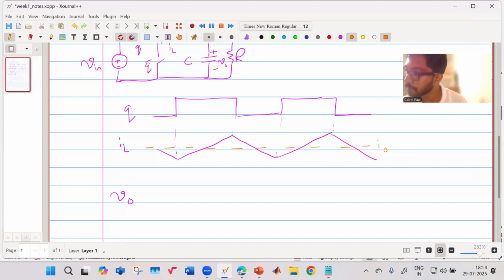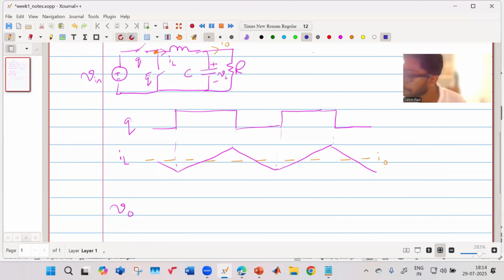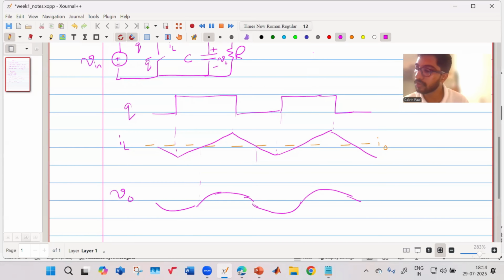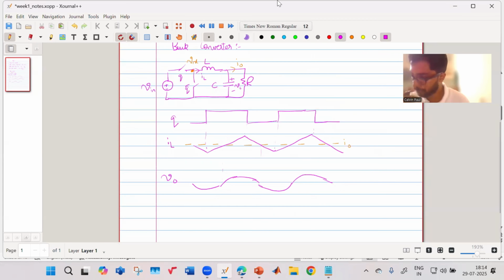So when your inductor current is less than your output current, then your voltage will fall. And once it becomes higher than your load current, then your voltage will rise. Similarly, again, it will fall and rise. Okay, so this is the way the output voltage will look like. So this is how you have your inductor current and your output voltage for a buck converter.